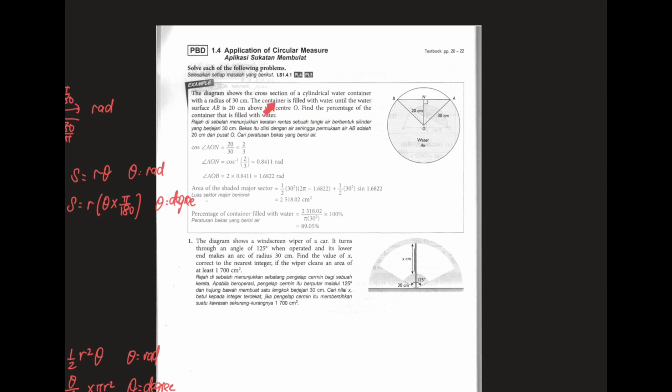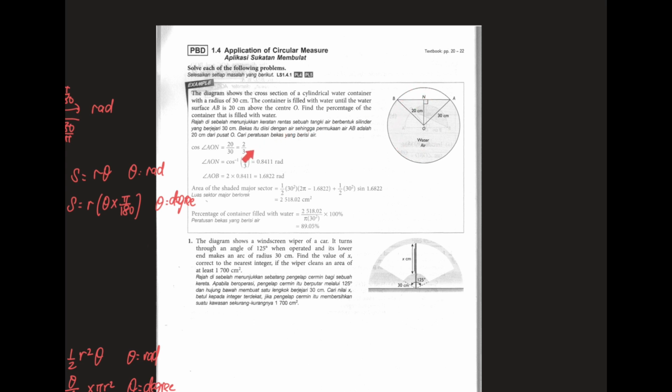The container is filled with water until the water surface AB is 20 cm above the center O. 20 cm. Okay. Find the percentage of the container that is filled with water. Okay, so we want to find the percentage of water.